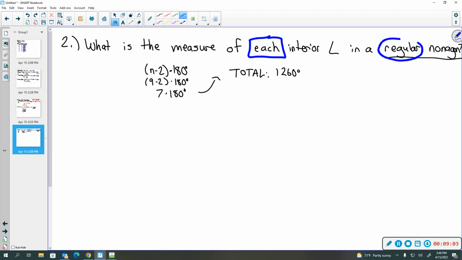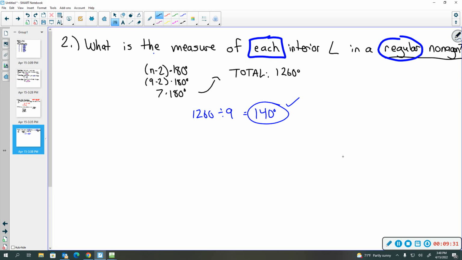And because it's regular, we know that each interior angle is matching. It's the same. So what I would have to do is take my total, divide it by my number of sides, which was 9, and it lets me know that each one is 140 degrees. So each interior angle in a regular nonagon is 140 degrees.